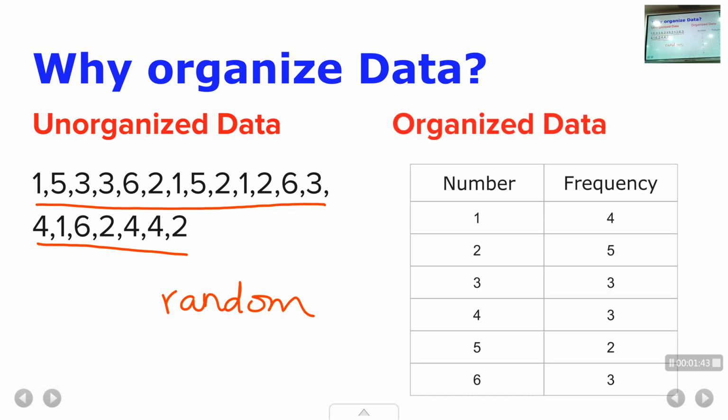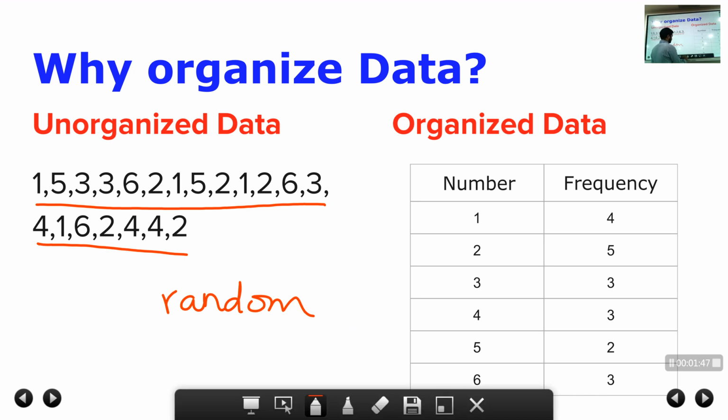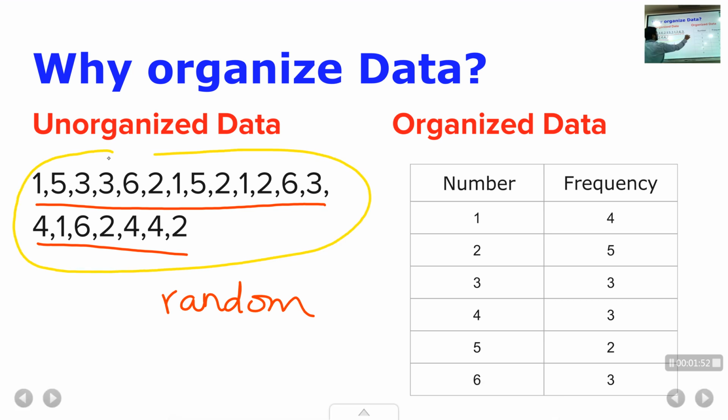Whereas if you organize the same data in this format, wherein we mentioned that the data comprises the numbers 1 to 6, and the frequency of 1 is 4, the frequency of number 2 is 5, and so on.